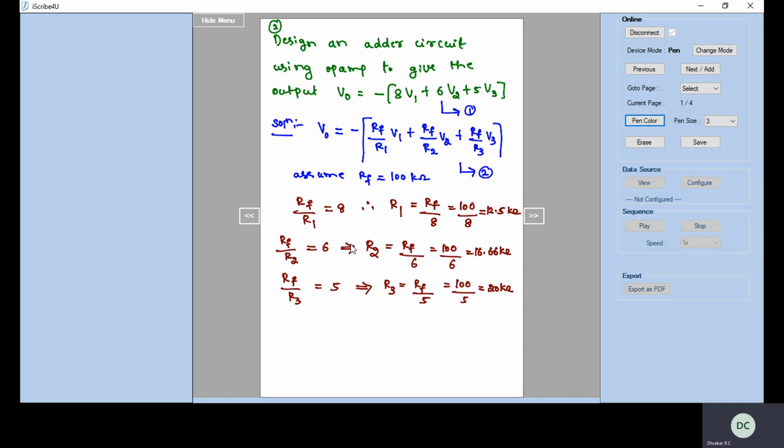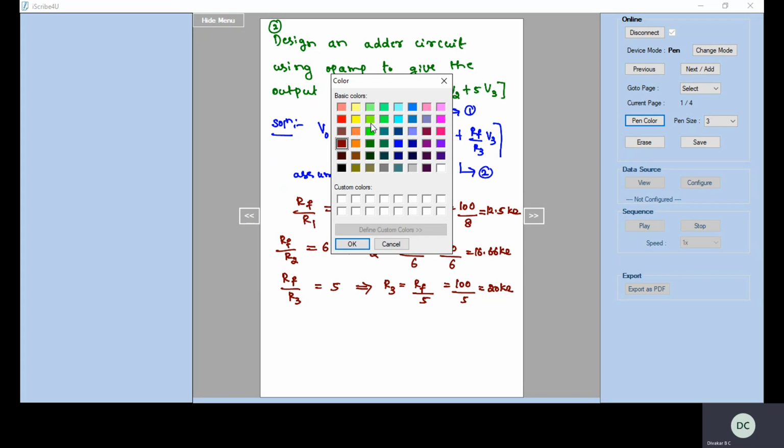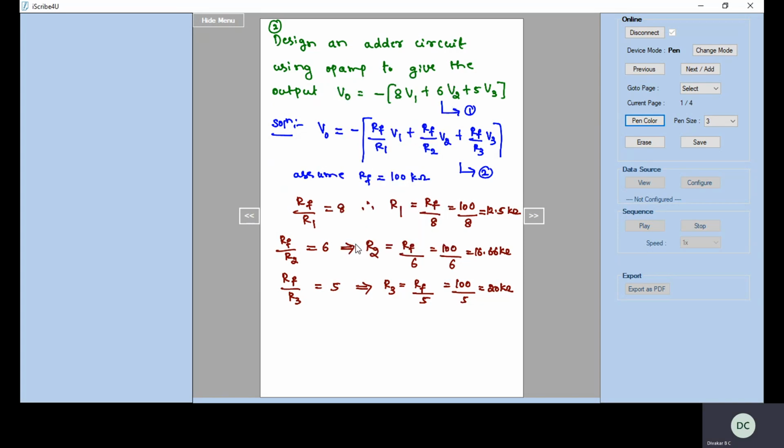Since the design is given, we need to draw the circuit diagram for the inverting summer. It consists of 3 inputs. So first, draw the operational amplifier. It consists of the negative feedback with 3 inputs. Let us take the 3 inputs: input 1, input 2, input 3, given to the inverting terminal.